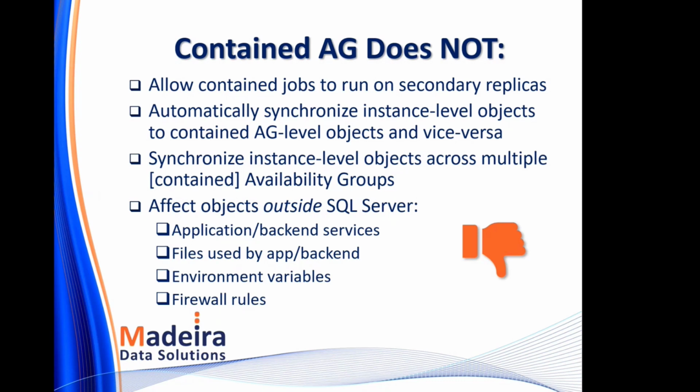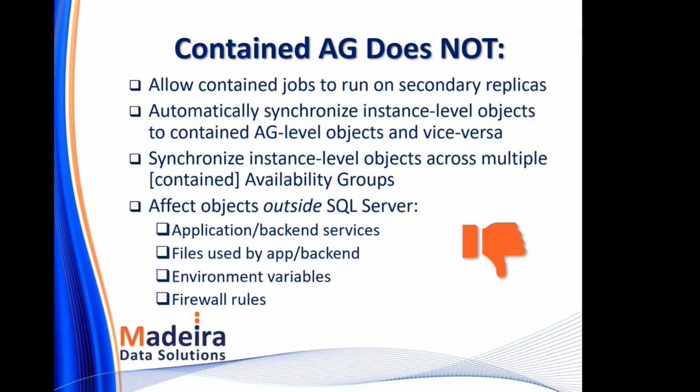Things such as application or backend services at the Windows level, files and folders used by application or backend, or maybe even by SQL Server itself, environment variables, firewall rules, or whatever it is at the Windows or operating system level that you would need to align between different availability group replicas so that your application logic could still work even after a failover. You would still have to take care of these things on your own. Contained availability groups obviously does not provide a solution for that.